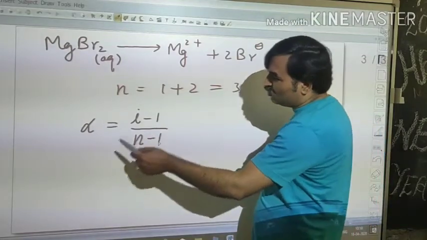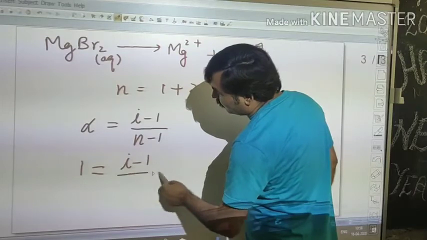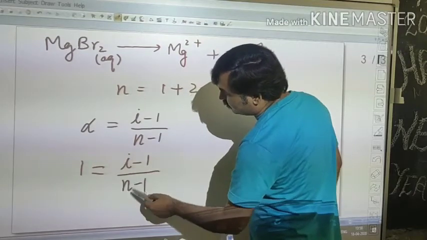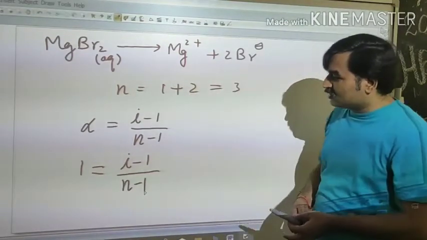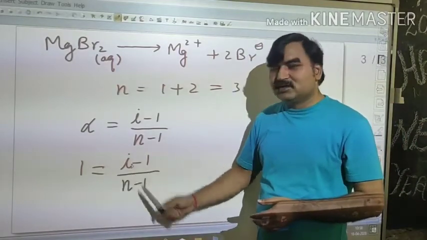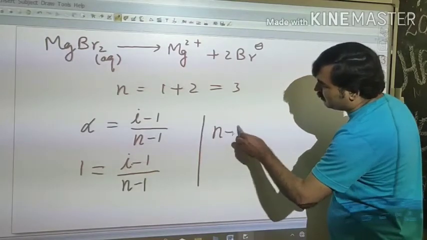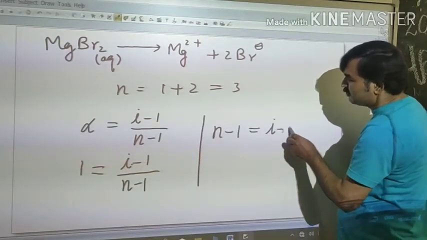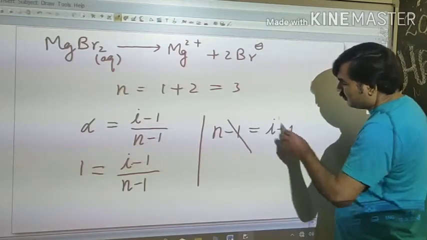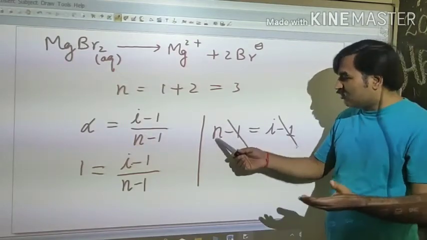So if alpha equals 1, then (i minus 1) upon (n minus 1) will be 1 only when i and n are the same. Or write this: n minus 1 equals i minus 1. We cancel the 1. So what do we get? i equals n.